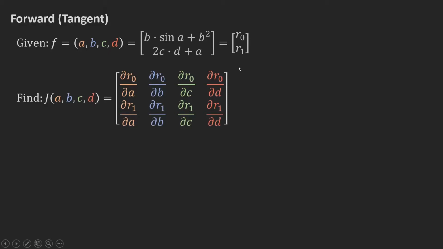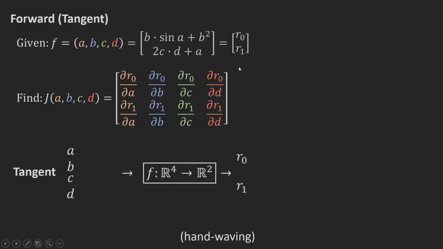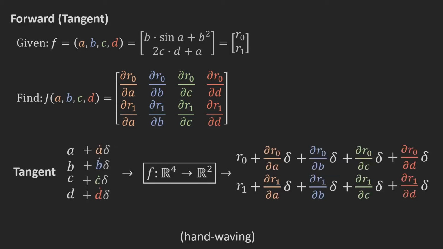We're going to use the trick of seedings. So here we demonstrate this using a hand-waving way. If we want to find out the derivative with respect to a, we need to set the seedings to a dot equals 1 and all the other seedings to be 0, and then perform a forward scan. And then we repeat that for each of these variables for a total of 4 times to get what we want.